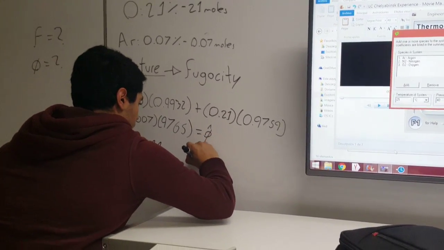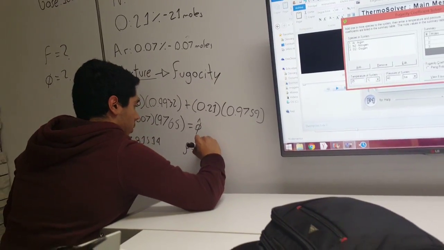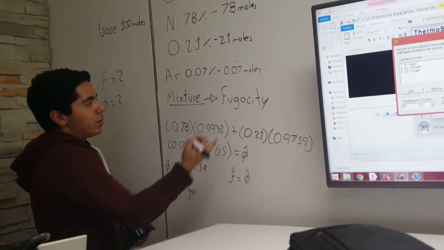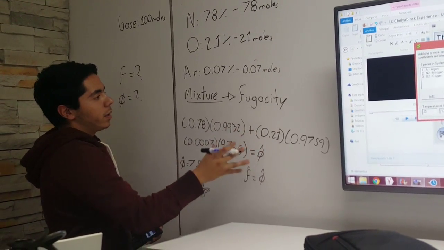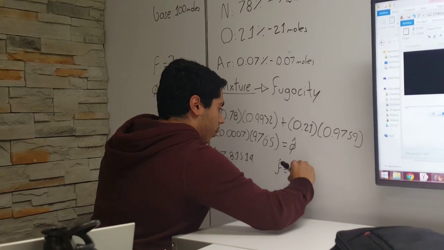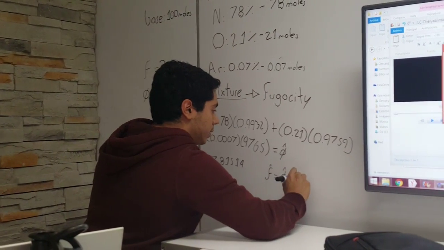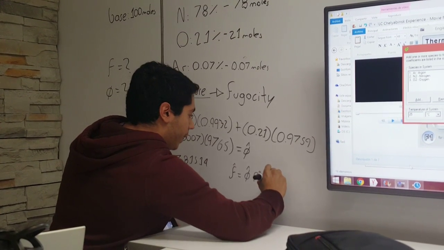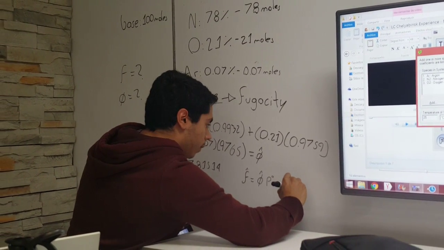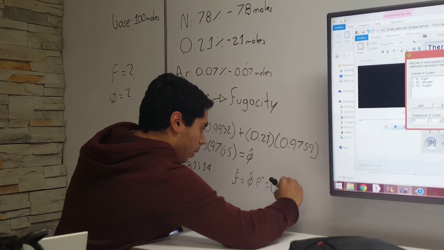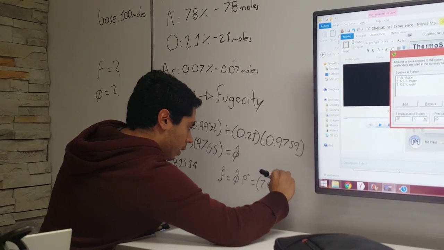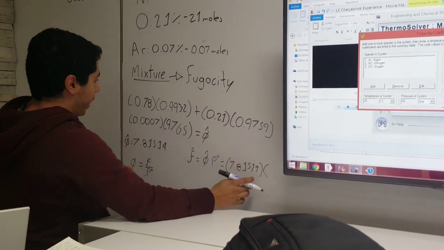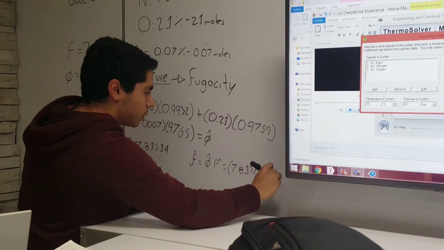So the fugacity will be equal to our whole coefficient multiplied by the pressure that we determine in the system. This is equal to 0.981514 multiplied by our 40 bars.